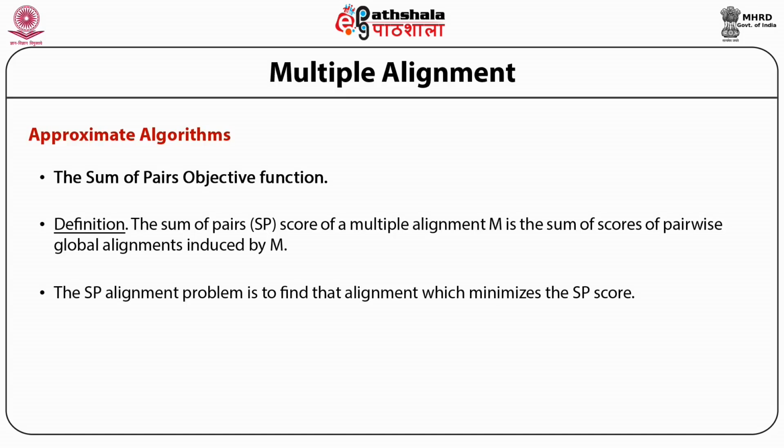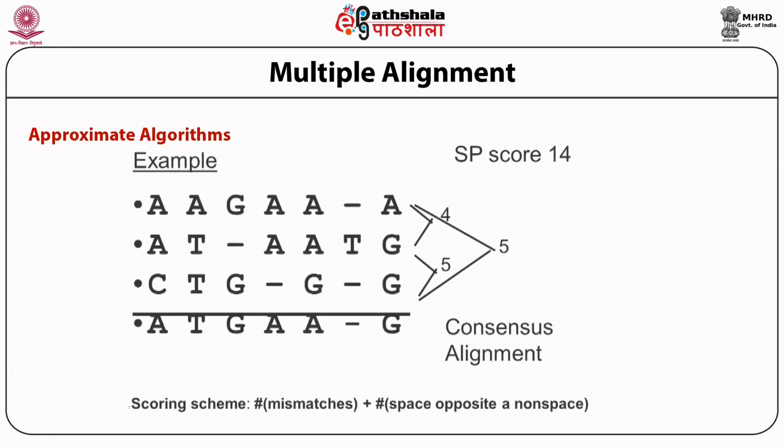So the idea is like this: of course we cannot find that out in any direct approach, but whatever we do, we insert gaps and spaces anywhere and everywhere in the sequence, while keeping an eye that this sum of pairs score becomes the maximum if we are using a score, or becomes the minimum if we are using a penalty function. This is illustrated here. Here I have 3 sequences.